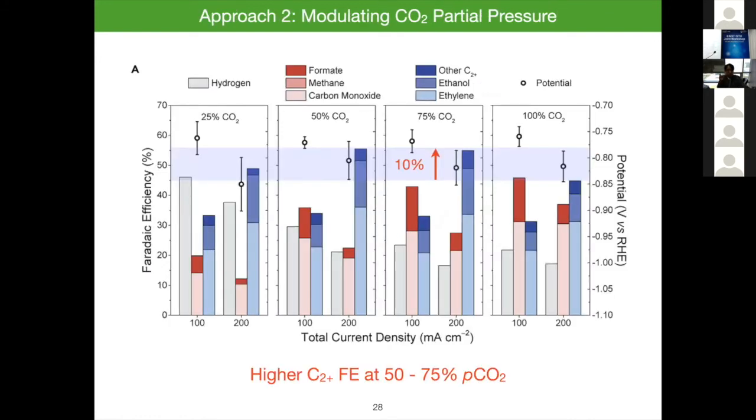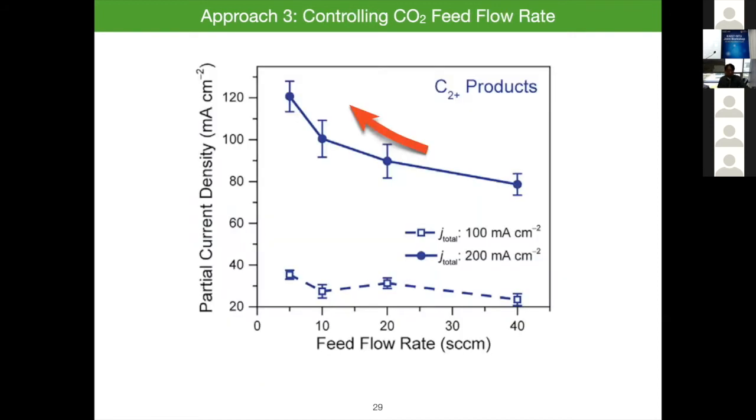The second is modulating the CO2 partial pressure, and as expected, 75% CO2 in our case produced 10% more C2 product than 100% CO2. And we also tested the flow rate, and we see that decreasing the flow rate actually increases the C2 product. So CC coupling is also enhanced with a lower CO2 feed flow rate.